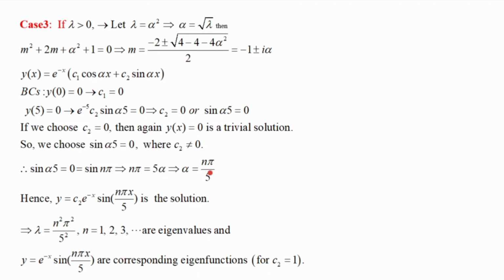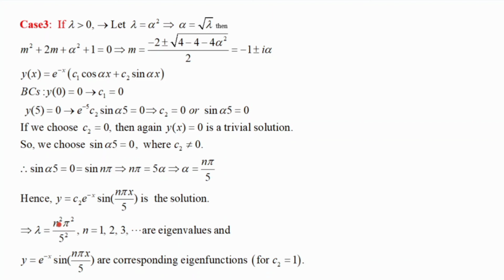When we put n equal to 0, this becomes 0, that's why we ignore n equal to 0. Here we consider n can be 1, 2, 3, any numbers. So finally we get the solution C2 e power minus x sin (n pi x divided by 5), where n is not equal to 0.